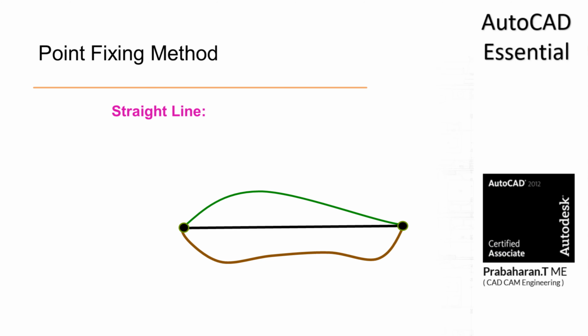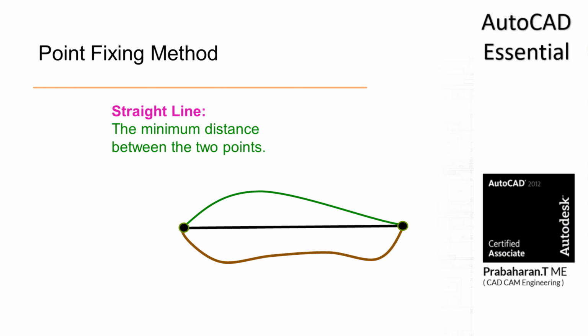Which is the straight line here? The middle line is the straight line. So how can I define a straight line? A straight line is nothing but the minimum distance between 2 points, or the line joining the 2 points with the shortest distance is called a straight line.